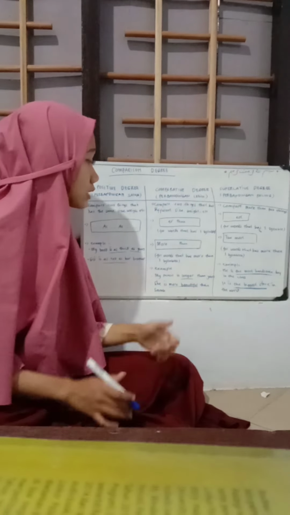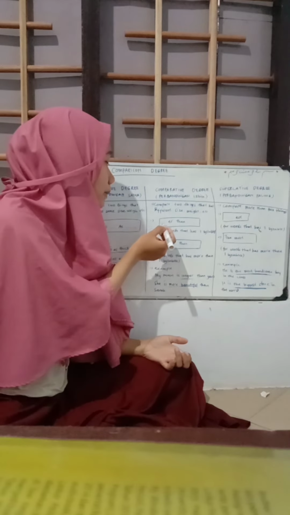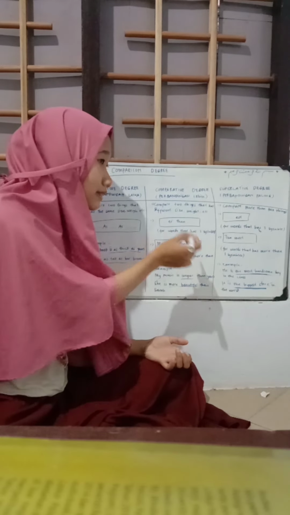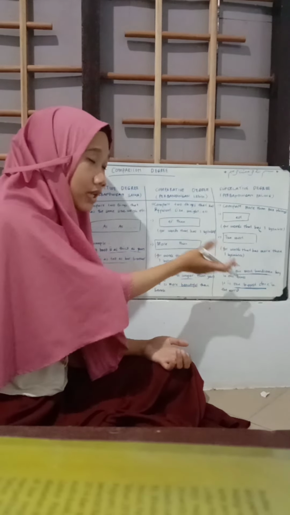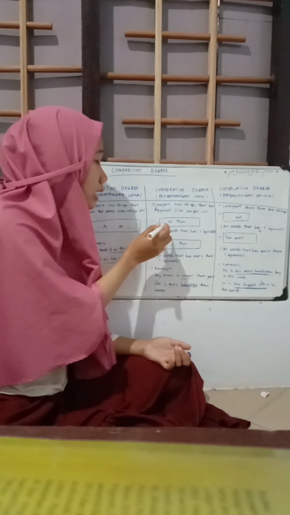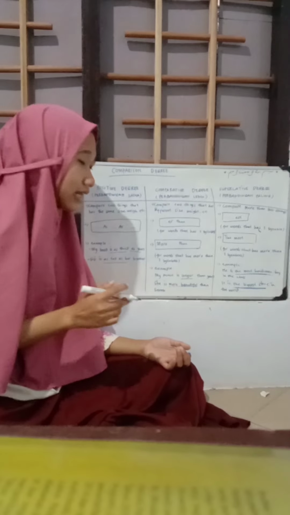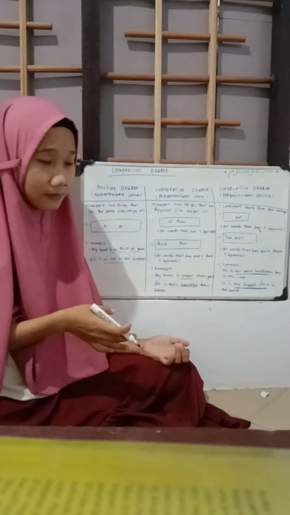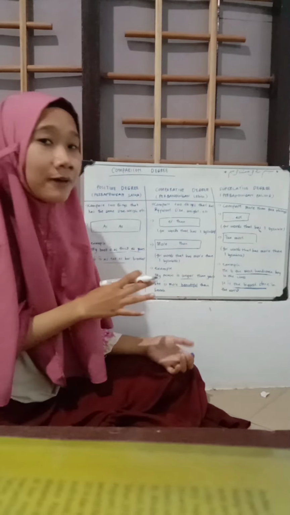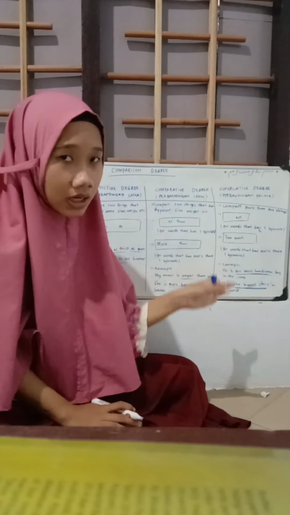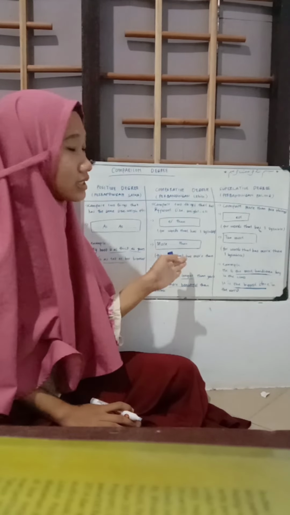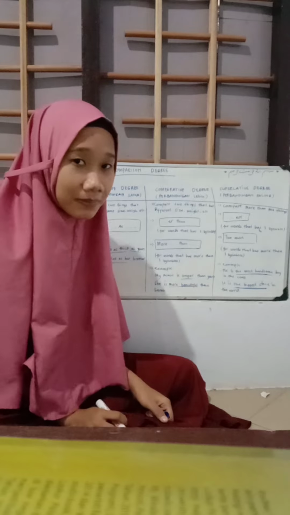The first pattern is blah blah blah, ER. Here you should add ER at the end of the word. But this pattern of adding ER is just for words that have one syllable.